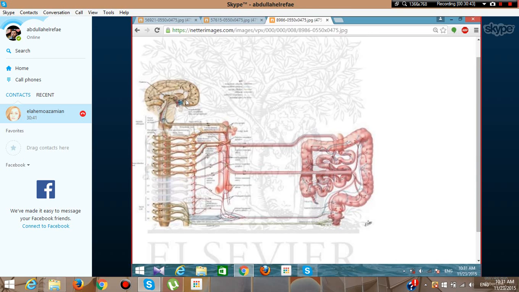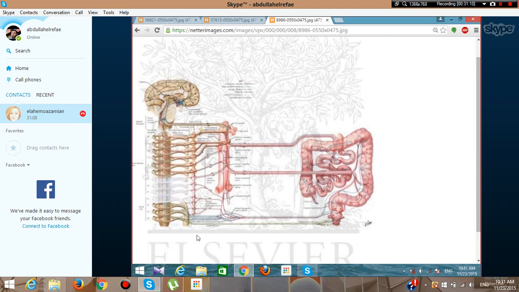If you're talking about sympathetic, from a spinal cord, you get preganglionic fibers, the white rami. It goes into paravertebral ganglion first. Look, you get from spinal cord, it goes first to paravertebral ganglion, which we call the ganglions of sympathetic trunk, right?